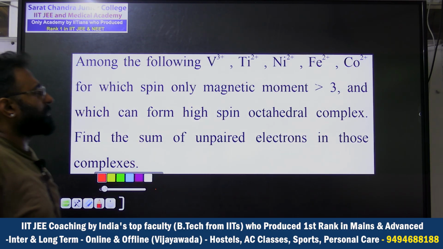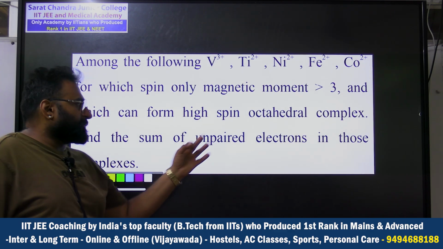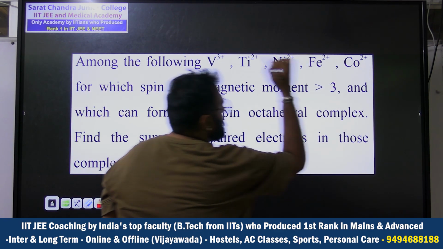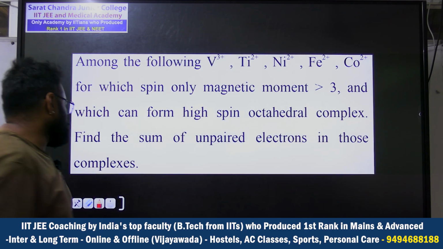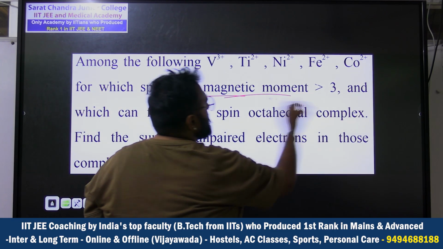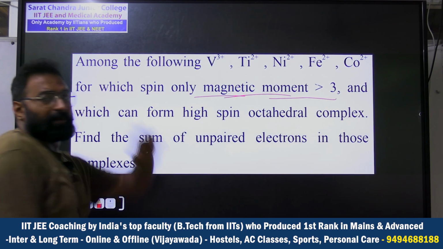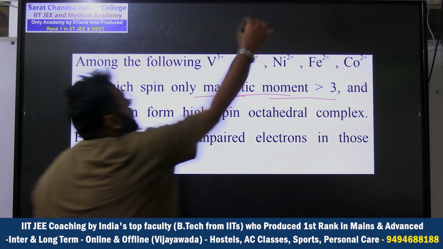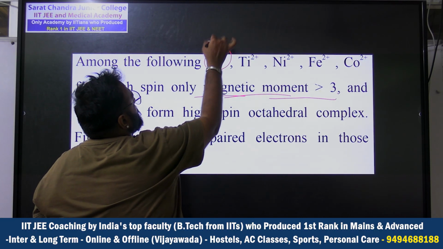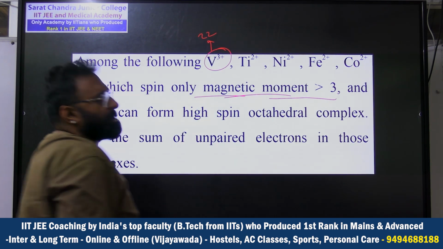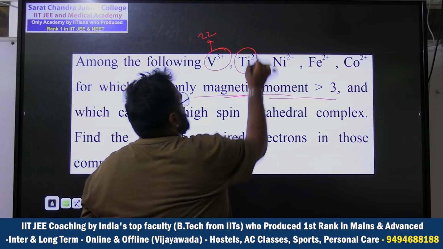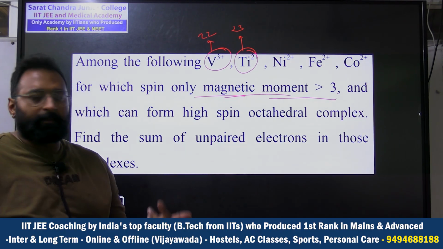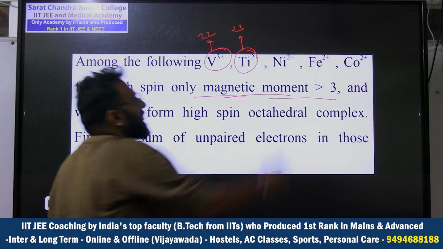The only condition is that the magnetic moment should be greater than 3, meaning unpaired electrons should be more than 3. So let us check. Scandium, vanadium, 22, so this cannot be. Again 23, also this cannot be. Unpaired electrons cannot be more than 3.